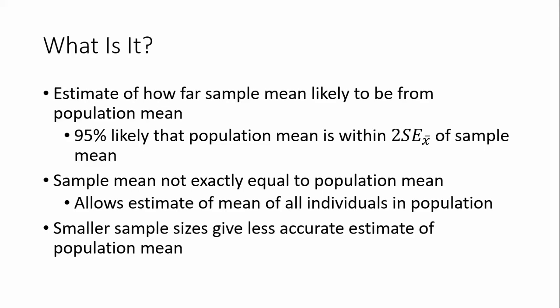And that's basically what the standard error of the mean will tell you. So you calculate the standard error of the mean, and then within 2 standard errors of the mean, there is a 95% chance that your population mean is within those borders, either -2 SEM or +2 SEM.